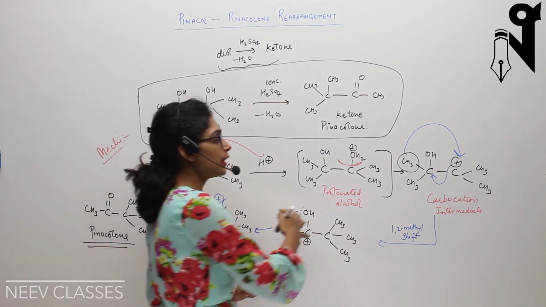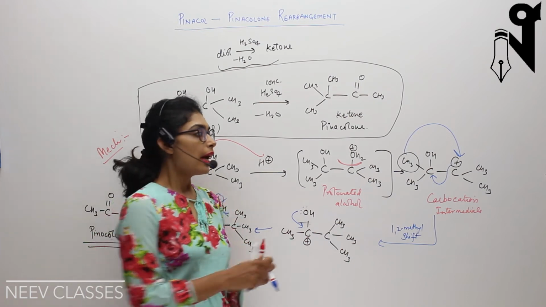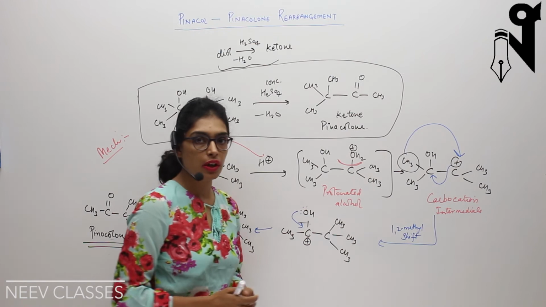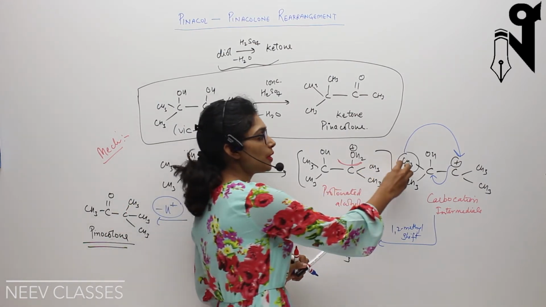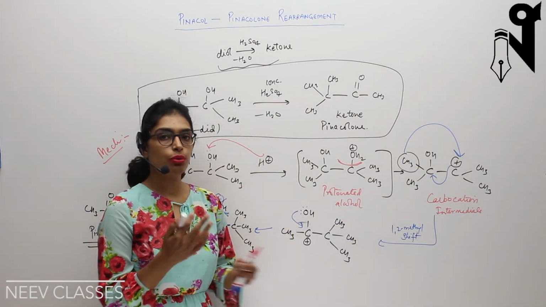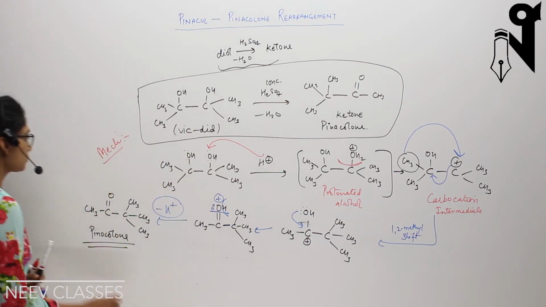So this is one of those cases where migratory aptitude is strictly followed. Here we have CH3s, but we may have different species, and then you have to be very careful while shifting one species from one position to another to make the carbocation stable, or to do the carbocation rearrangement.